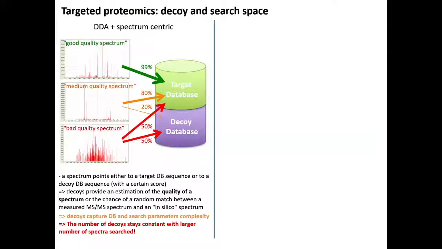What changes is, for example, if instead of a non-modified database search you use a phospho database search, the phosphorylation will add a lot of search space in your targets and also a lot of search space in your decoys. Both will grow in a similar dimension, so the decoys capture the increase in search database space complexity.